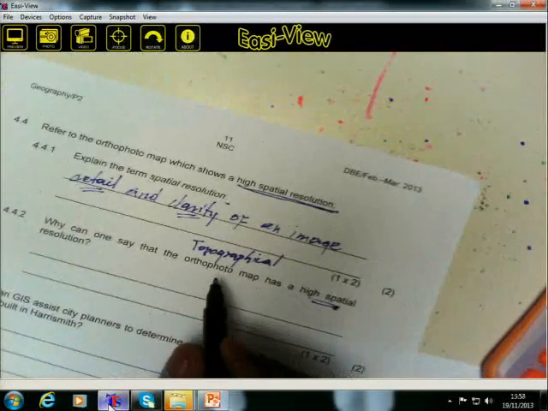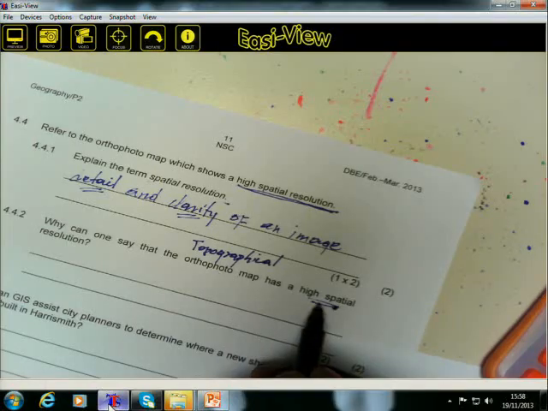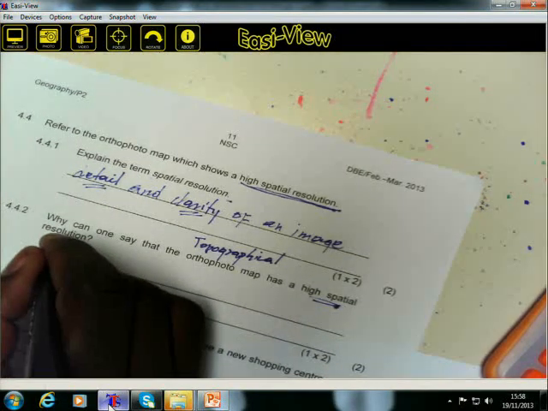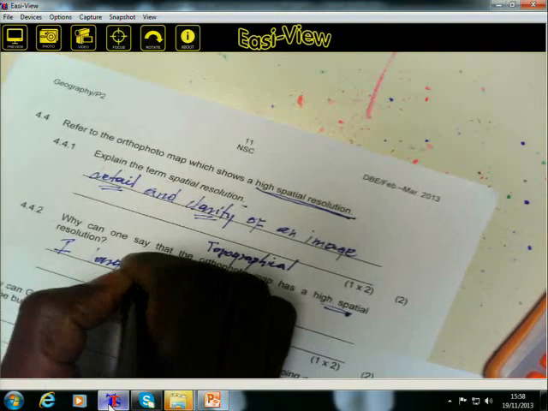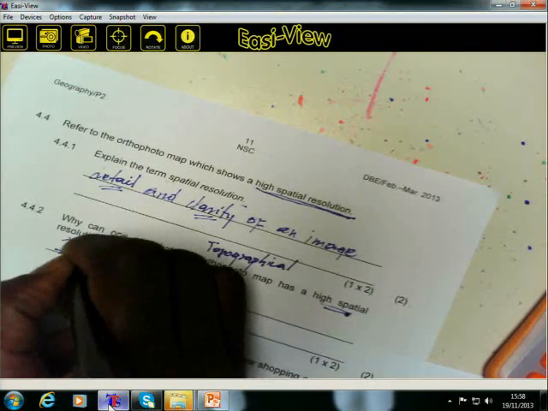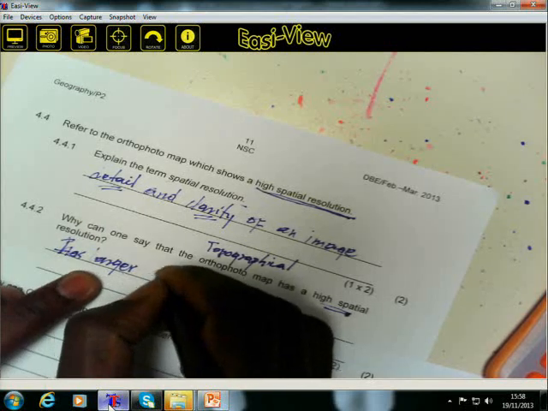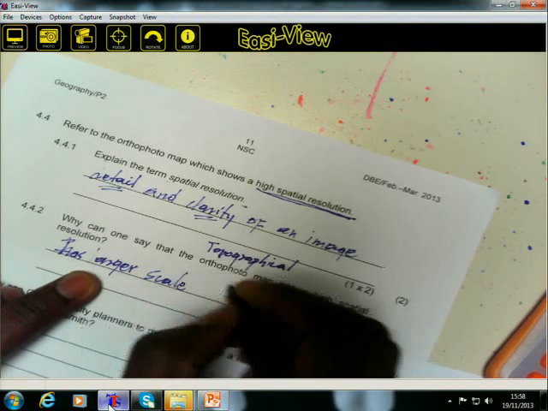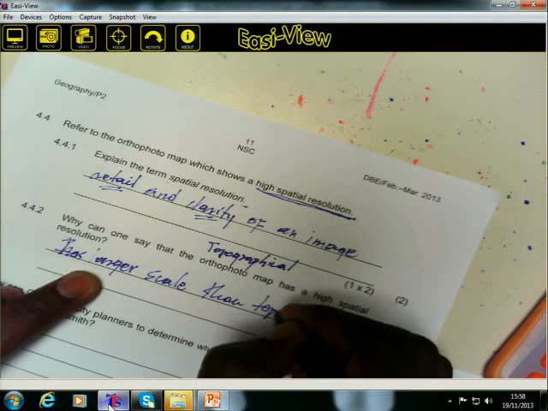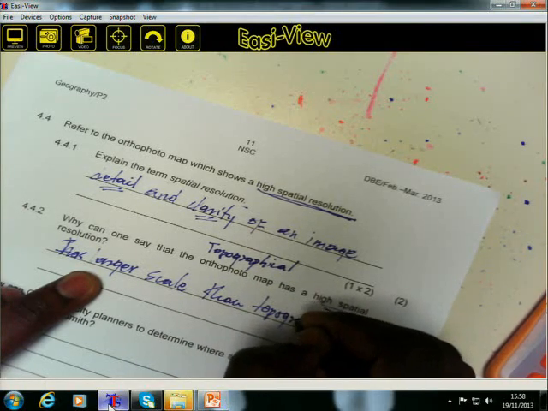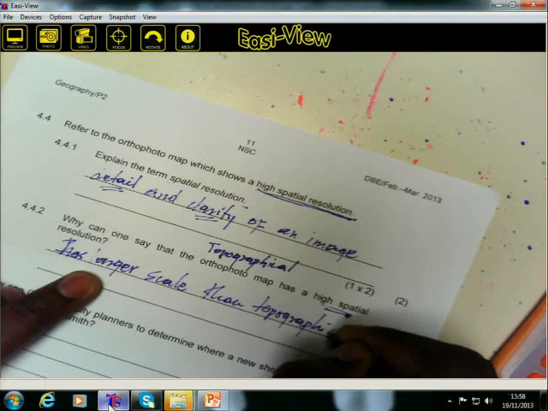Then we say an orthophoto has a higher spatial resolution, because an orthophoto map has a larger scale than a topographical.